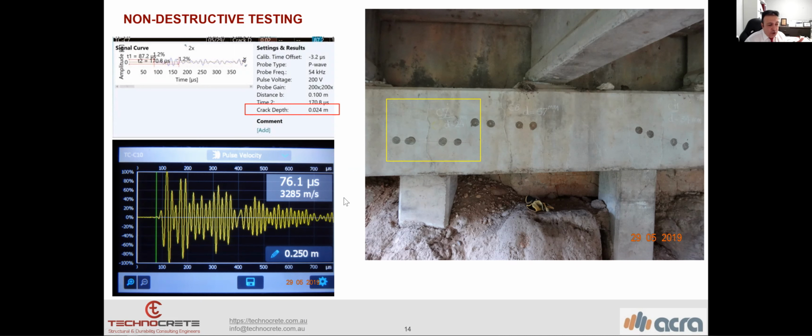That shows us not very good concrete. From 2,500 is the lower quality, and the upper limit is 4,500 meters per second. Around 4,500 is good quality concrete, but around 3,000 is fair quality concrete.